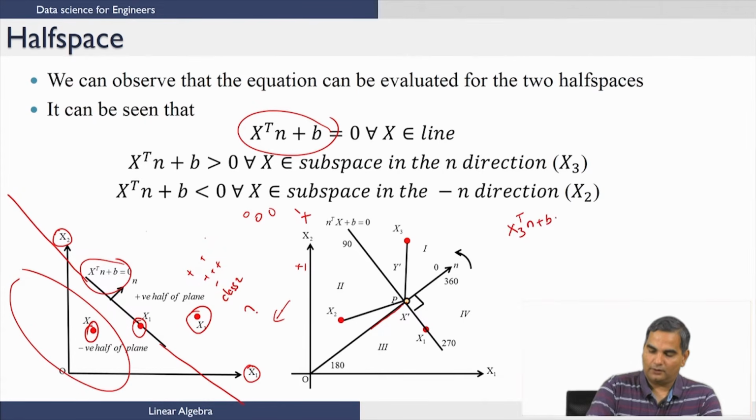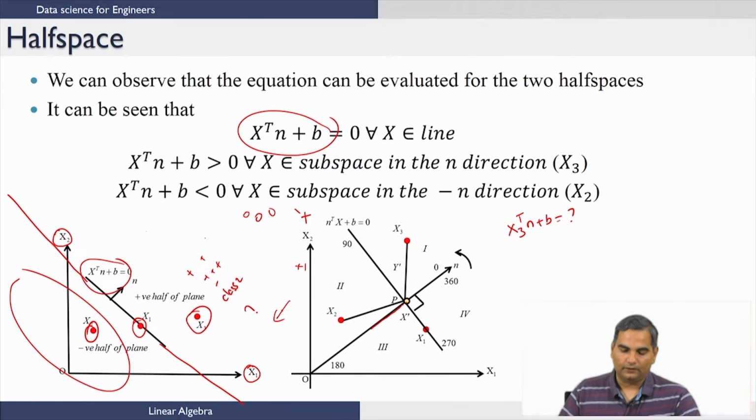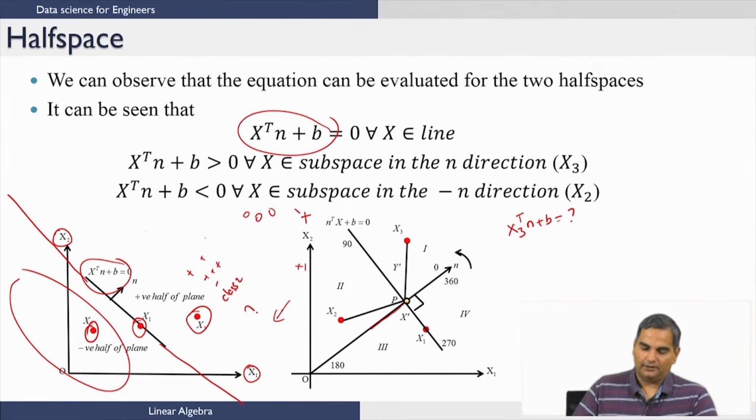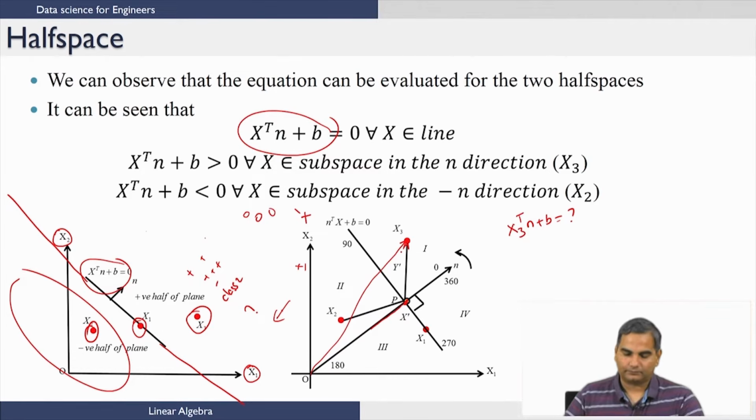I want to know what this is. Notice in this picture I have defined a new point x prime on the line, and another vector which goes from x prime to x3. Now, x3 is the vector that goes from here to here.